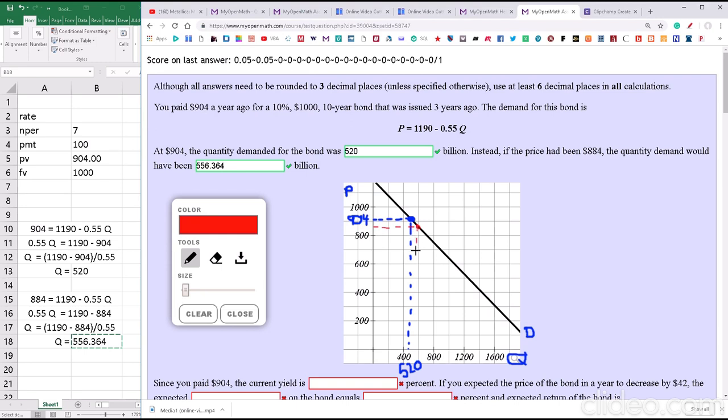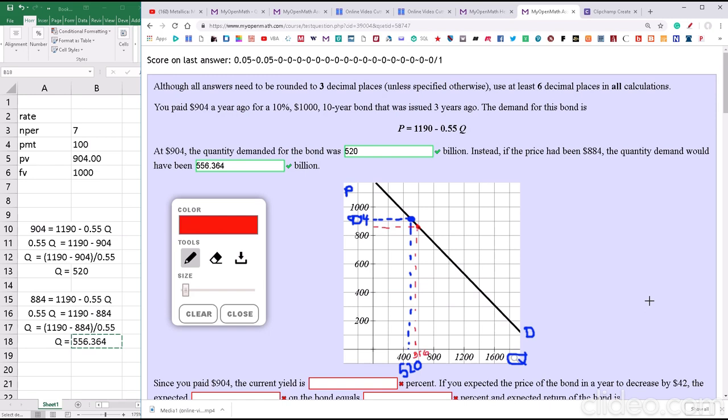Bring down the quantity, and the quantity is, I wrote a little big here, we'll just call it 556.